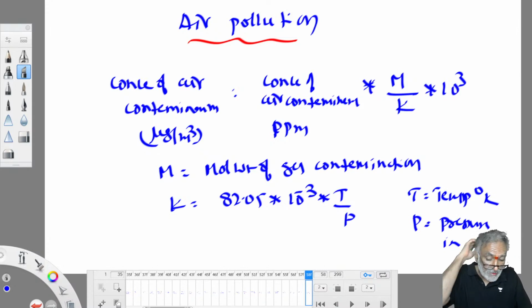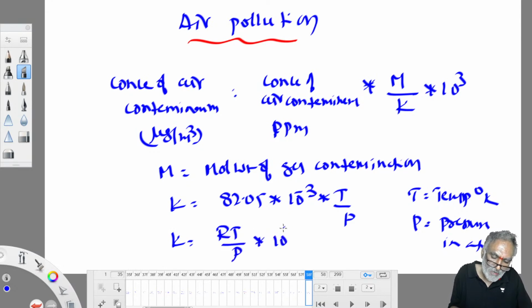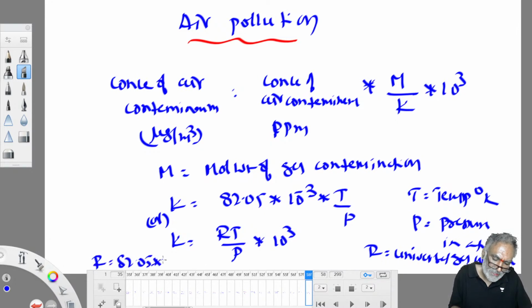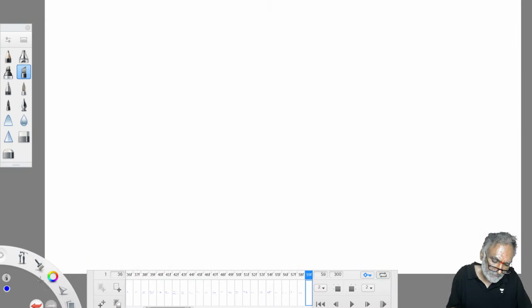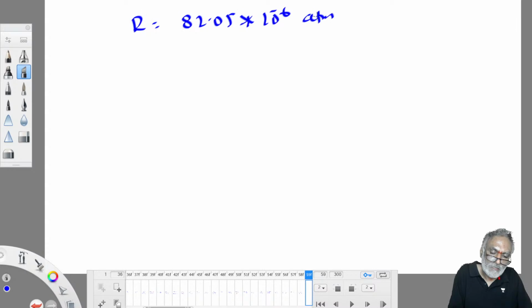So using this expression you can find out, or otherwise if R value is given, R is universal gas constant, then you multiply this value with K. R value is normally 82.05 into 10 power minus 6, its unit is atmosphere meter cube by mole Kelvin. So if R value is given, well and good, otherwise also no problem.